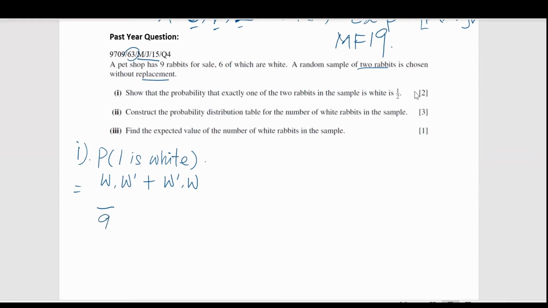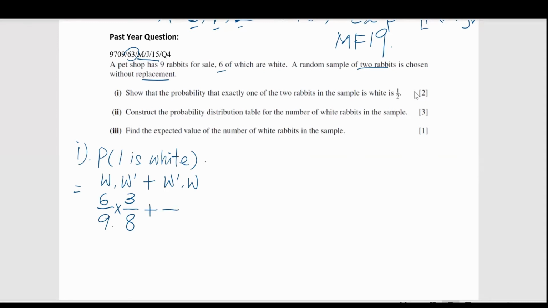There are 9 rabbits altogether, and out of 9, 6 are white. So the chance of getting a white rabbit first is 6 out of 9. Multiply. Now there are only 8 rabbits remaining, and for a not-white one, there are still 3. Total 9, 6 are white, 3 are not white. That is the probability calculation.